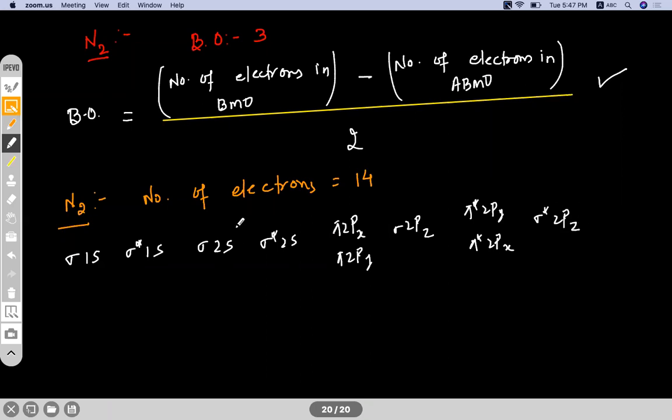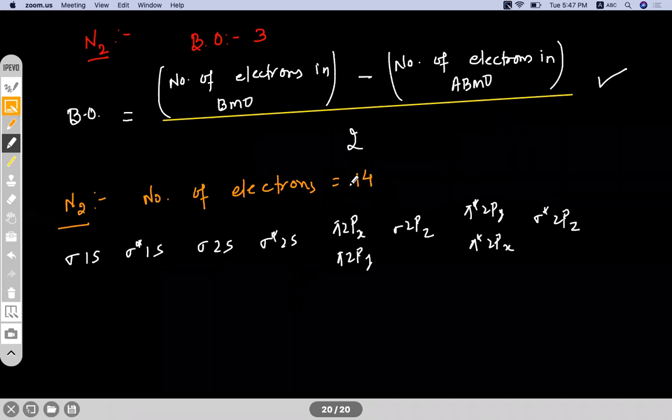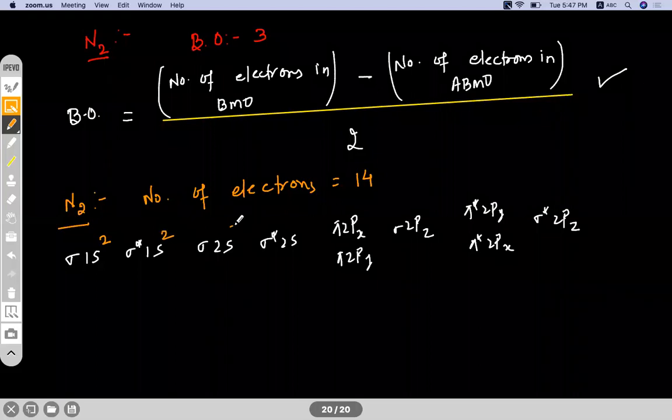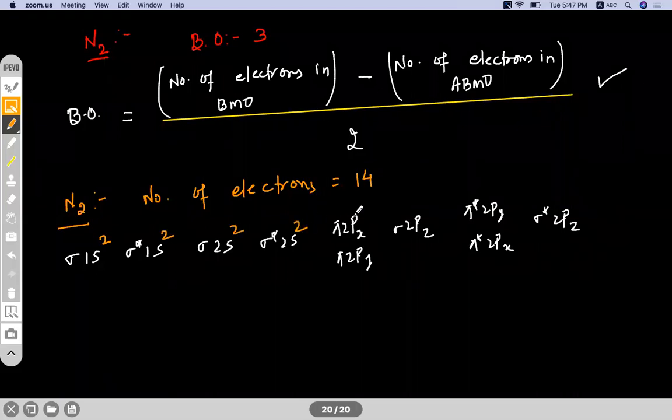If it is more than 14 electrons, then these two you need to interchange. That is it. It has 14 electrons. So if I distribute 2, 4, 6, 8, 10, 12, 14.